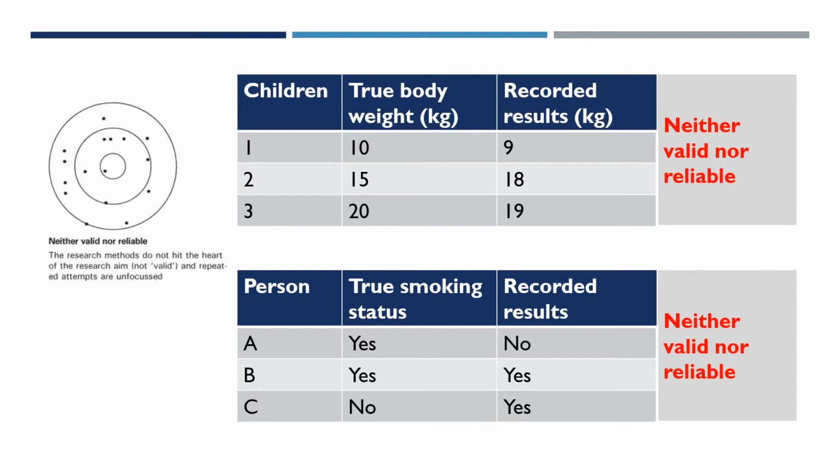So to visualize the concept of invalid and unreliable results, we can use the figure on the left. The innermost circle represents the true value that we want to measure, which shows the validity of the study, and the outer circle shows the reliability, the variability of the obtained results.